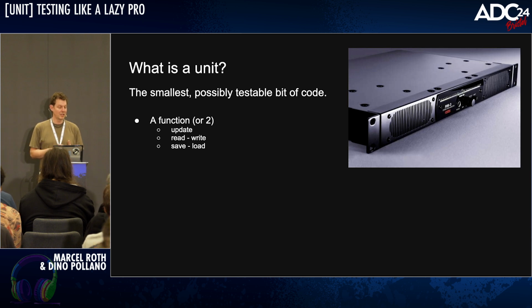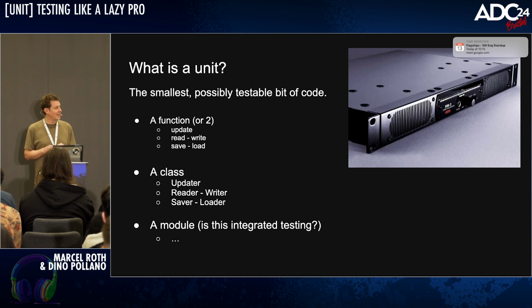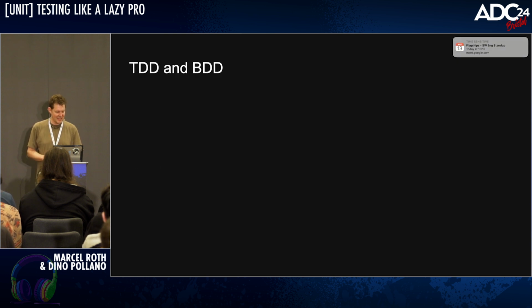It can be two functions: if you have a read, you might also have a write function, and you might want to test them together. All this could be wrapped in a class, then maybe the class is what you consider your unit. And it could go as far as a module, but then you get into the territory of integration testing maybe, which is another thing, so to cut it a bit short there, let's stick with unit testing.